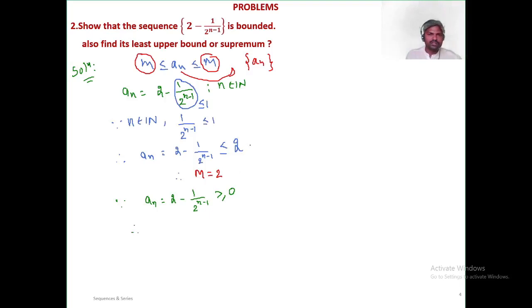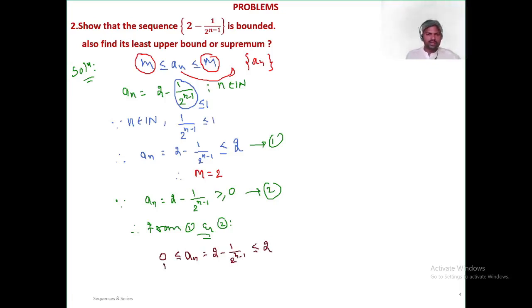So let us take this is 1 and this is 2. From both the inequalities, from 1 and 2, what is the conclusion? So from 1 and 2 I can say that an, which is 2 minus 1 upon 2 raised n minus 1, is bounded above by 2 and bounded below by 0.